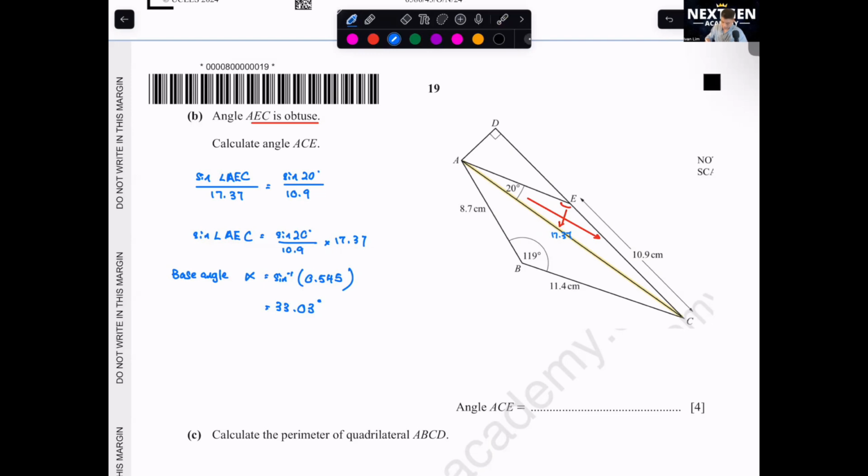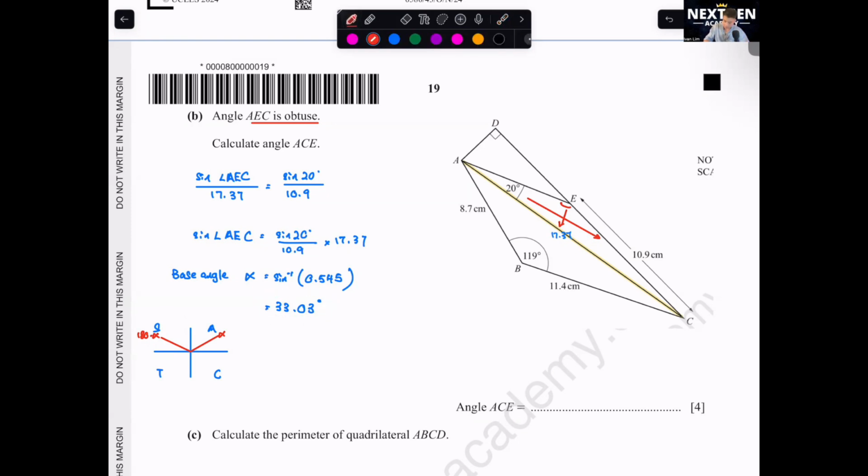We have to use ASTC, because your sine value can be in the first or the second quadrant, meaning there are two possible values for the angle when we solve for sine. It's either alpha, which is the value that you straight away find, or 180 minus alpha. If they say it is an obtuse angle, obtuse means between 90 and 180 degrees, then you have to take 180 minus the value over here.